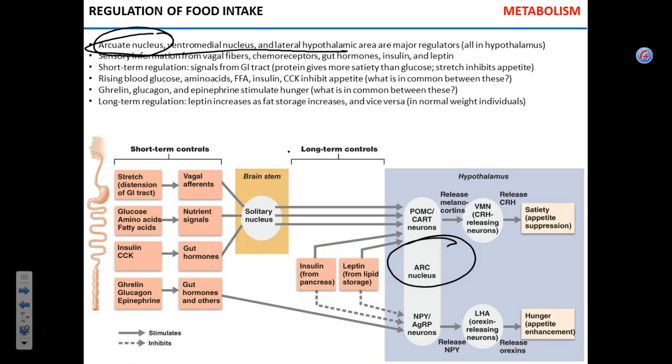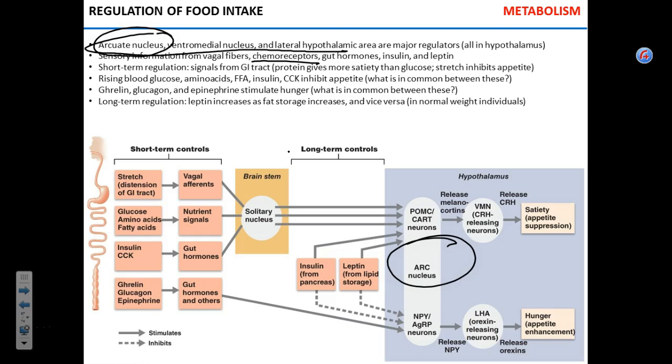They receive information from the vagus nerve regarding the stretch of the stomach and the intestine. They receive information from chemoreceptors. And of course, to a large extent, regulation involves leptin, ghrelin, and insulin.